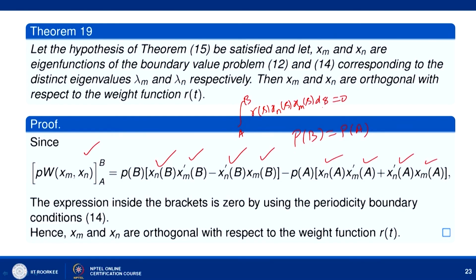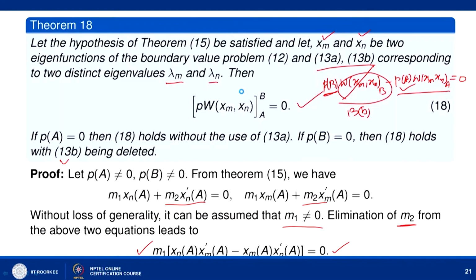So, in case of periodic boundary condition, that is p(b) equal to p(a), x(a) equal to x(b) and x'(a) equal to x'(b), this quantity is 0, and hence x_n and x_m are orthogonal to each other with respect to the weight function r(s). The previous theorem says that if we have the separated boundary condition, then this is automatically true. Here we need not assume that p(a) equals p(b). But when we consider the case of periodic boundary condition, then we have to consider the function p(x) also.